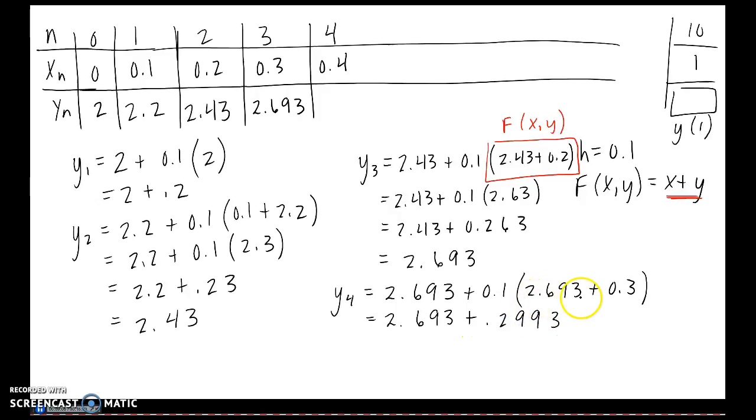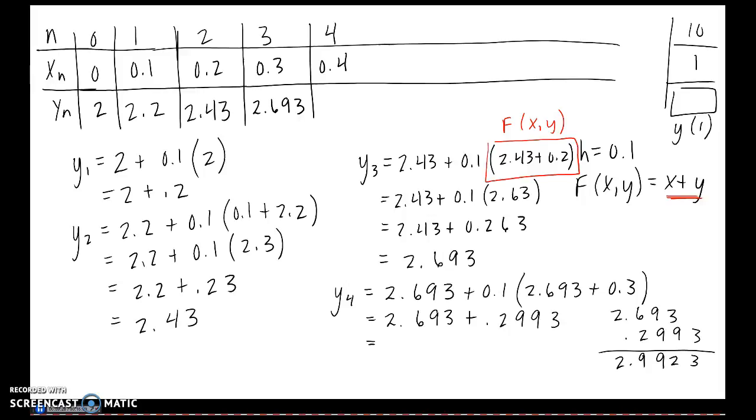All right, add those together and then move the decimal to the left one place. So now when you add these, let me show you. 2.9923.